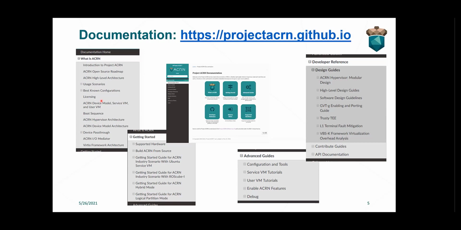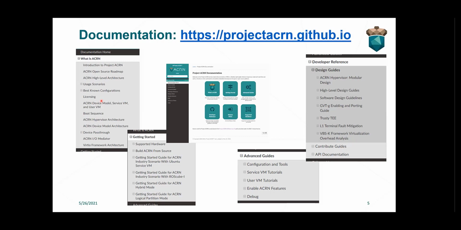You'll see terms and names being defined there that are useful for you as you go through other parts of the documentation, things like SOS, or also service VM. What does that mean? A lot of these are hopefully well described in that document.